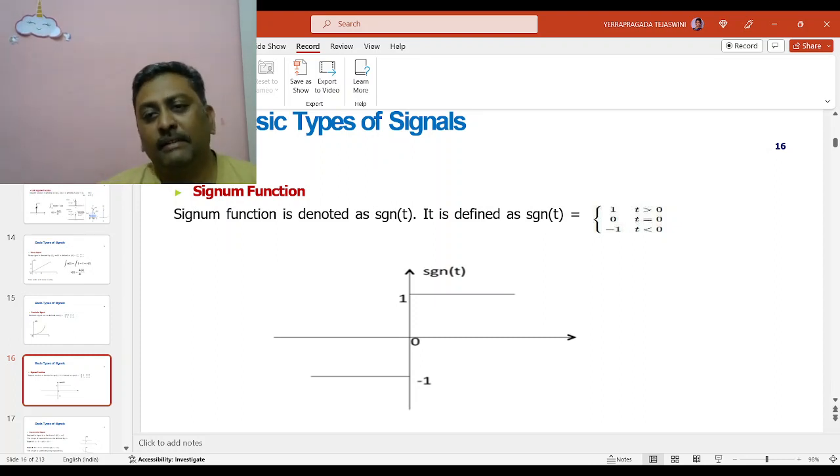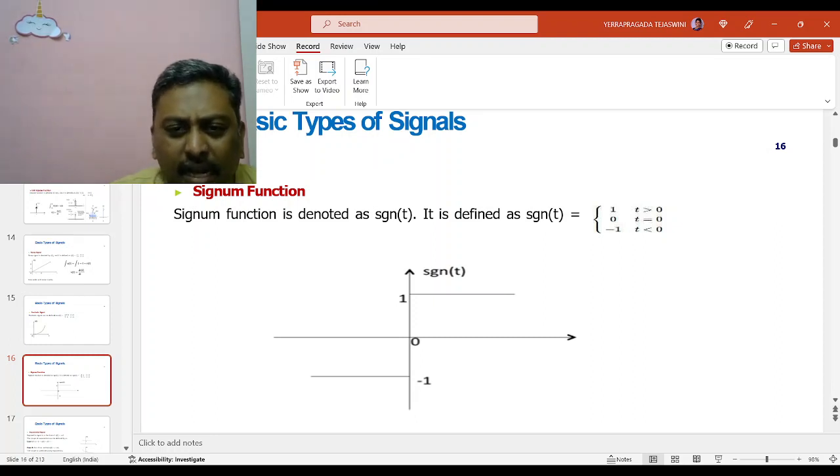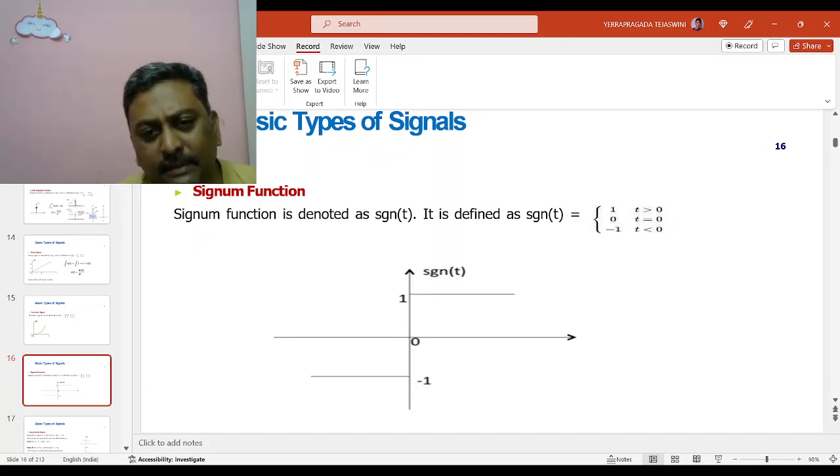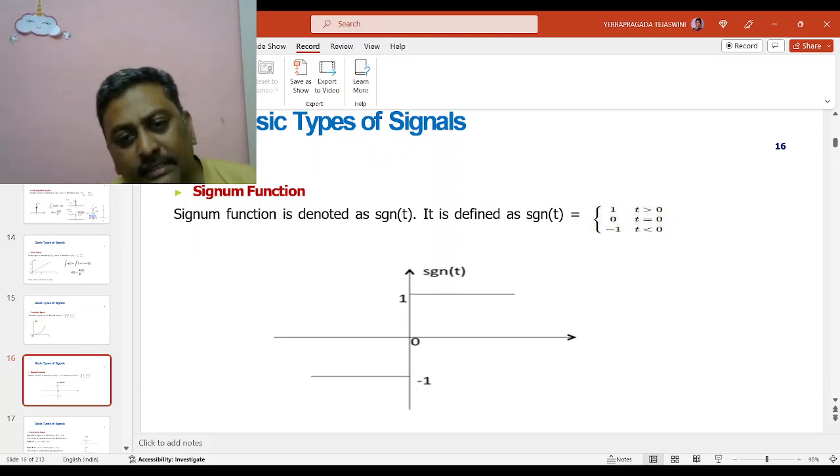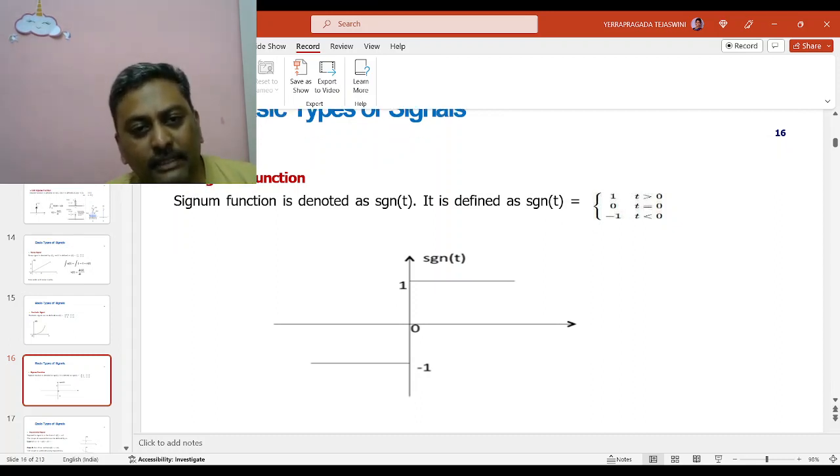That is, when the time is less than 0, its value would be minus 1, and at 0 its value would be 0, and if t is greater than 0, it would be 1. This is called a signum function. It encompasses the values from minus 1 to plus 1.